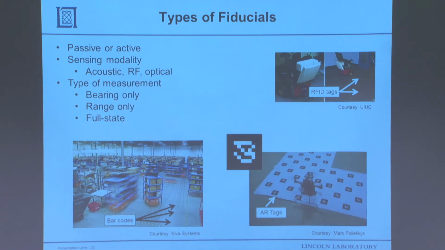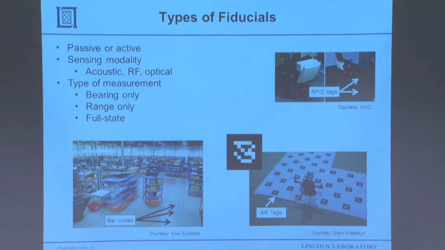Perhaps they use RF. For example, an RFID tag might make a good fiducial in the environment. An RFID tag uses RF to provide a unique ID if you're close by. You might use things like AR tags, which you may have started using a little bit yesterday. And AR tags are nice optical tags.